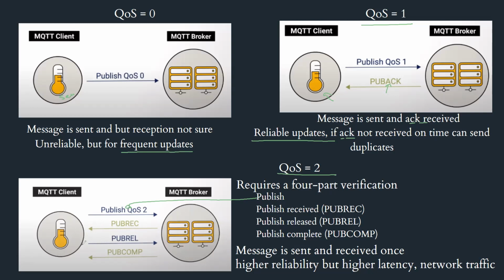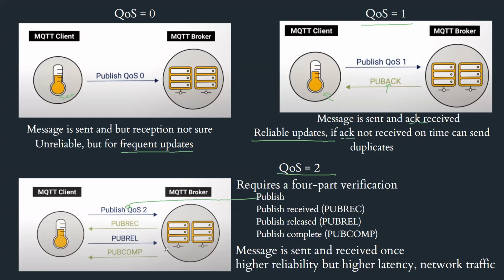And then from the sensor-based embedded system we have another message saying publish release, which is known as pubrel, which means that it is not going to publish that same data again. Then, once the MQTT broker receives the second message from the client, it sends another message, publish complete.